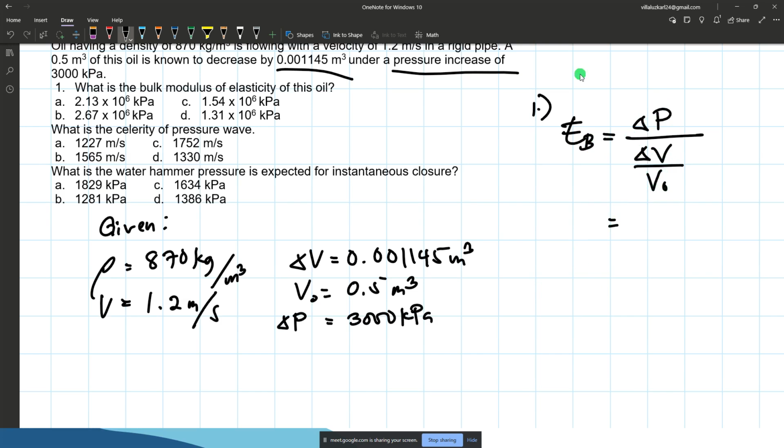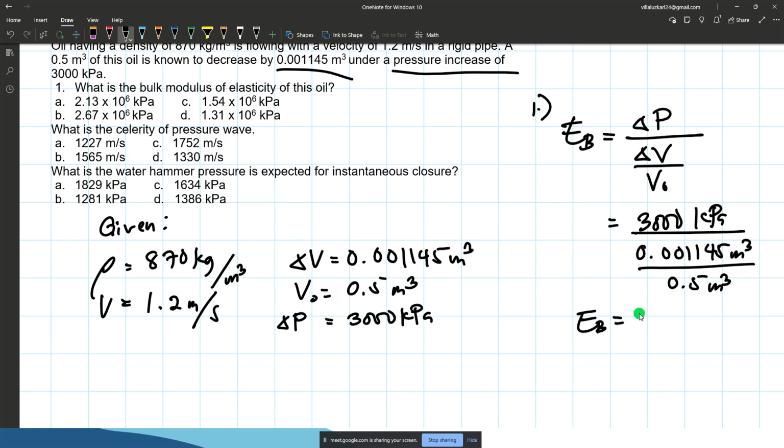So using this equation, we can compute the bulk modulus of elasticity of the oil. We have 3000 kilopascal all over the change in volume, which is 0.001145 cubic meters over 0.5 cubic meters.